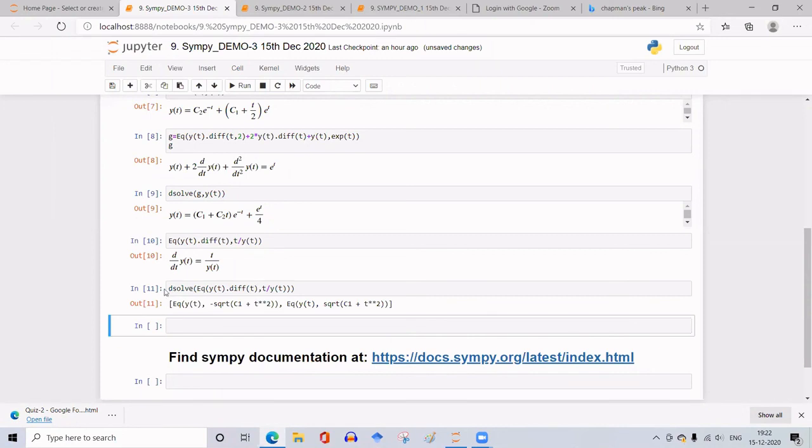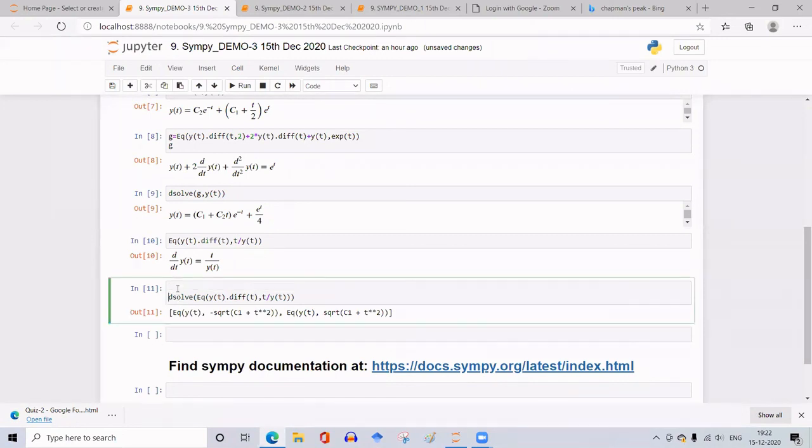That is why, instead of that, first let me designate it with a name. R is equal to, then give this equation. I'll cut this.